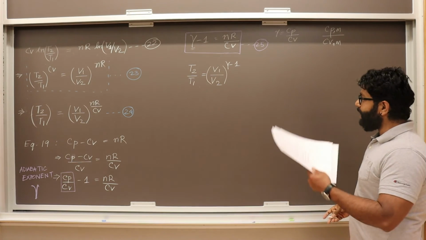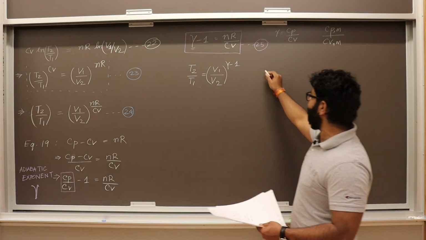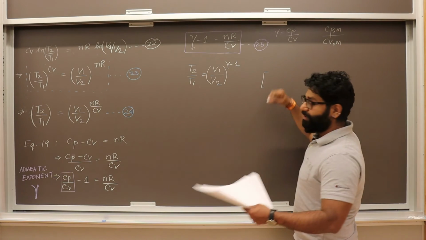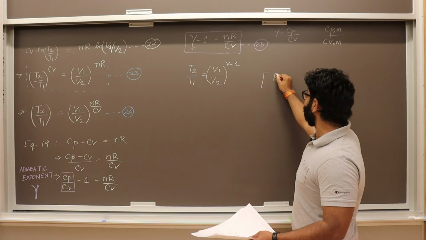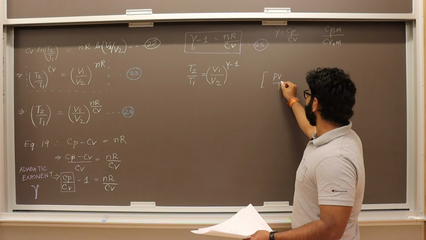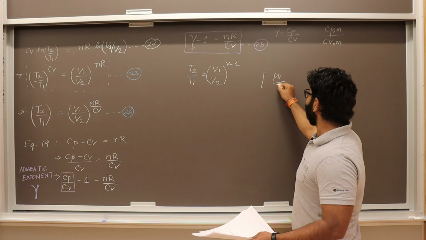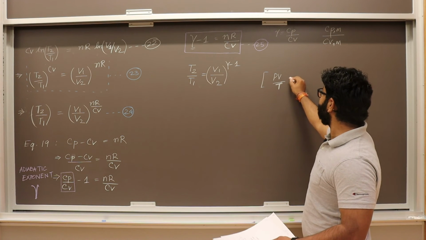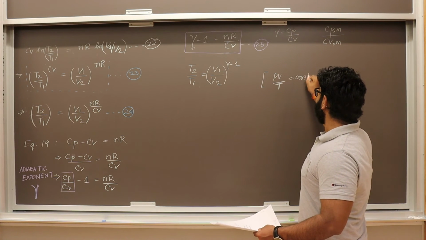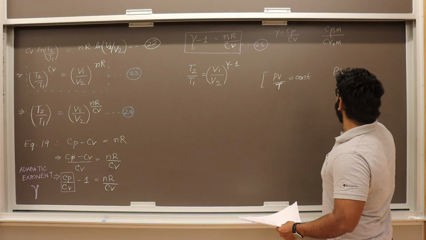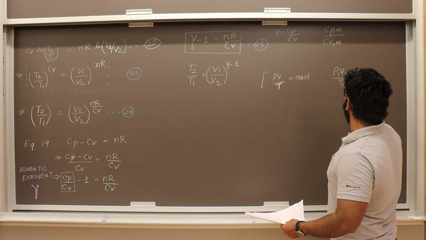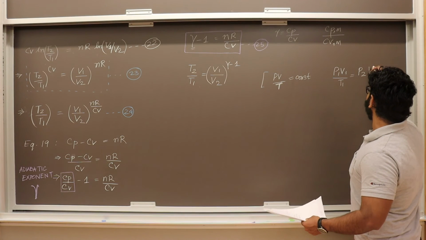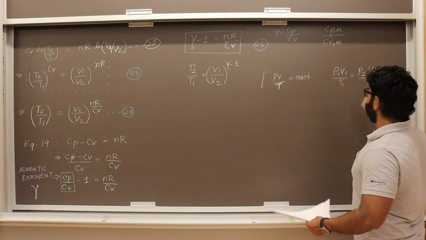Now, again, we shall be applying the ideal gas law. A very simple form of the ideal gas law can be written as this, right? So we know that PV by T was a constant. So we can write P1 V1 by T1 is equal to P2 V2 by T2.